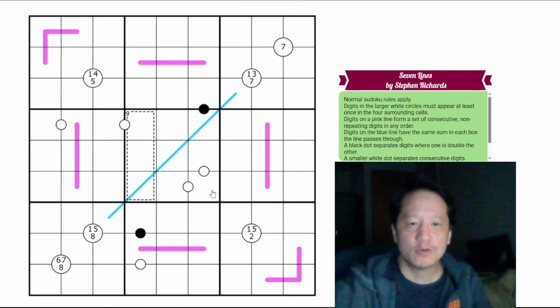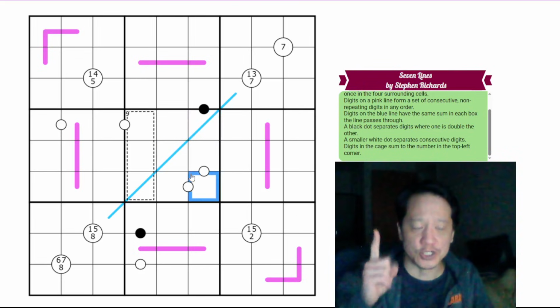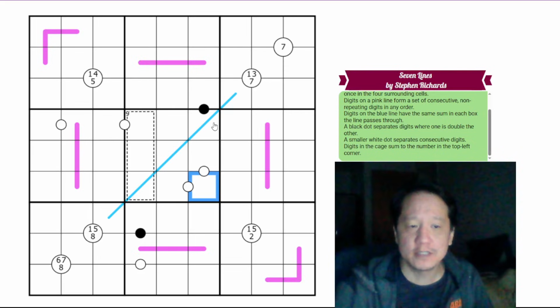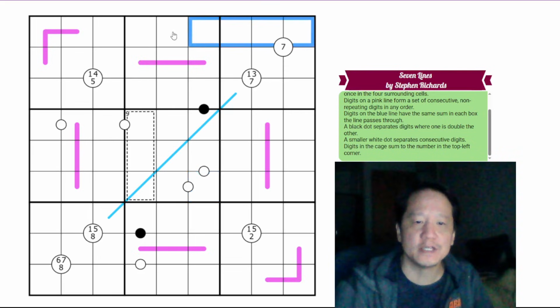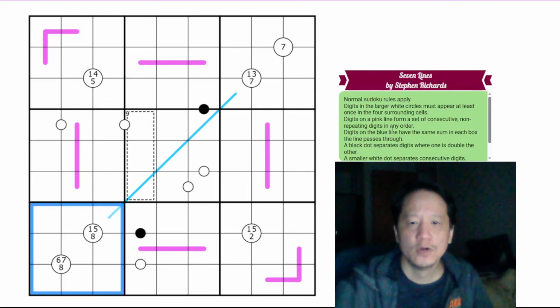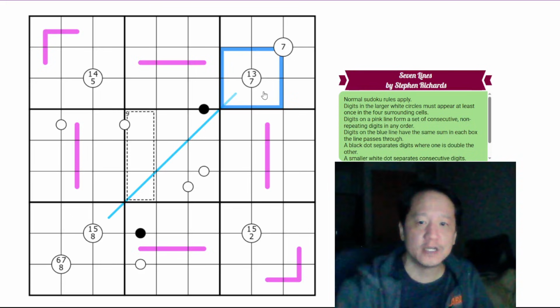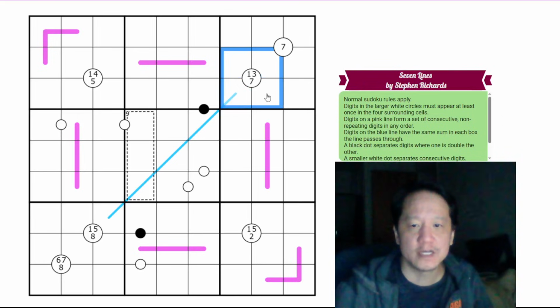Normal Sudoku rules apply, which means in every cell in the grid, place a single digit from 1 through 9 such that there are no repeats in any row, column, or designated 9-cell region. Digits in the larger white circles must appear at least once in the 4 surrounding cells.